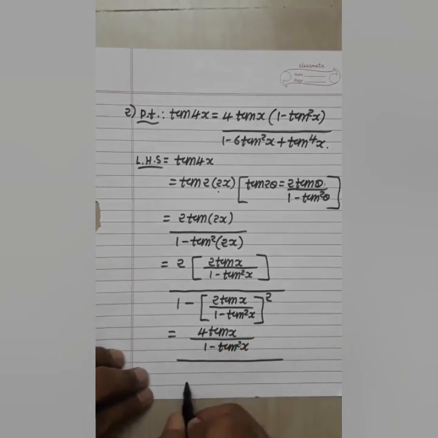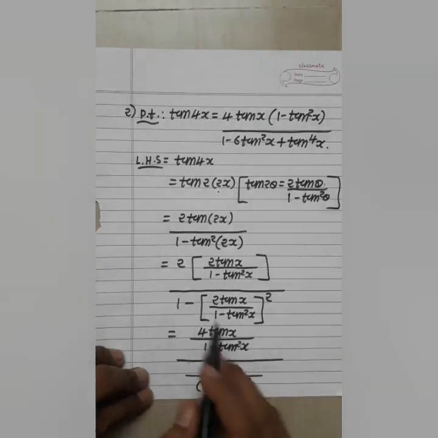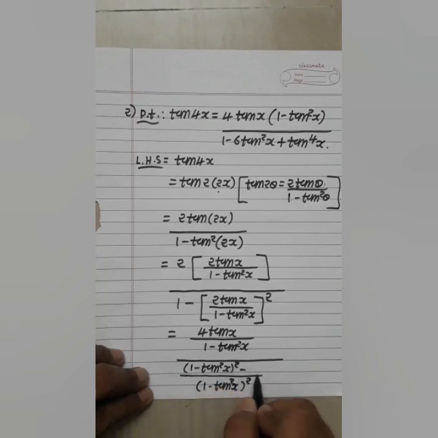So writing here upon 1 minus tan square x whole square, and here the LCM is not present, so multiply 1 with 1 minus tan square x whole square, minus now 2 tan x whole square, that means 4 tan square x.